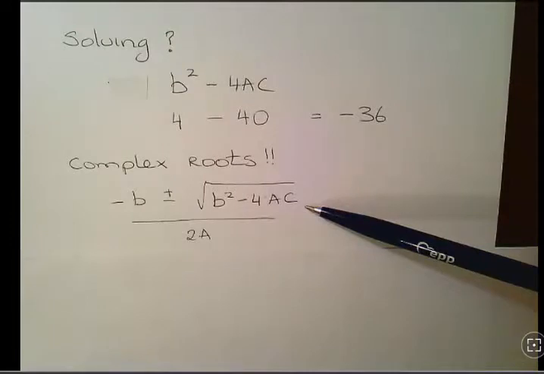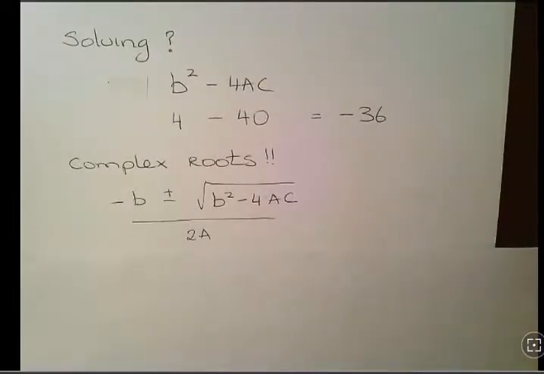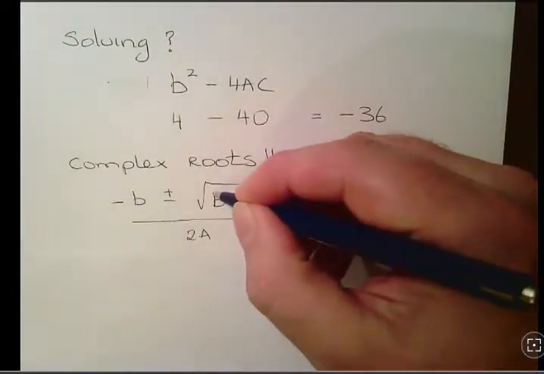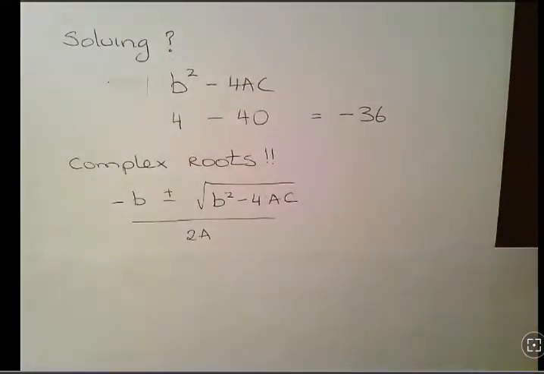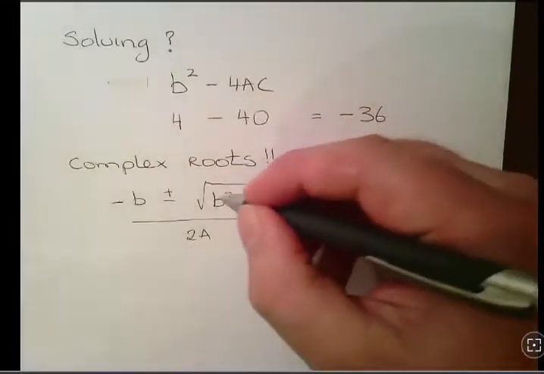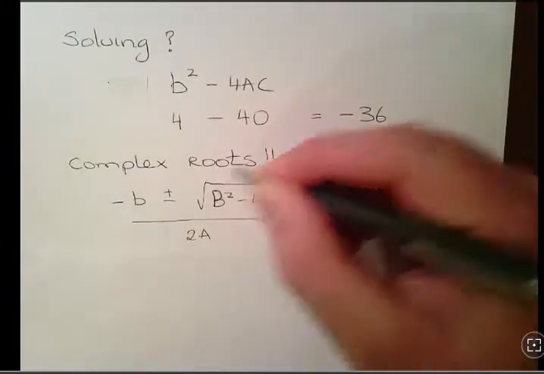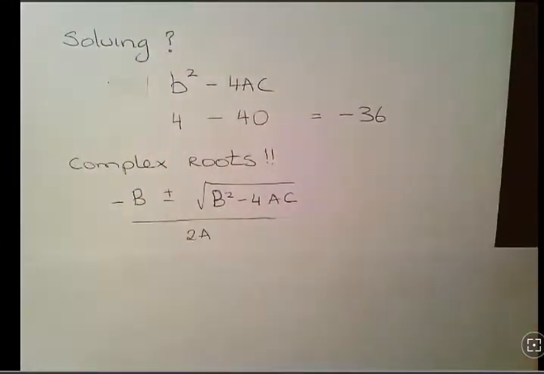So just use the formula: minus b plus or minus the square root of b squared minus 4ac, all over 2a. This is just the general formula. We're going to use A and B separately again later on, so let's make it all capitals for the sake of consistency.